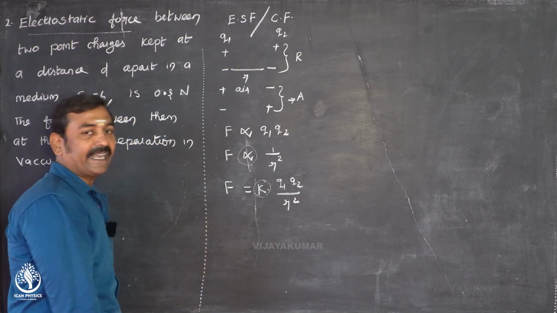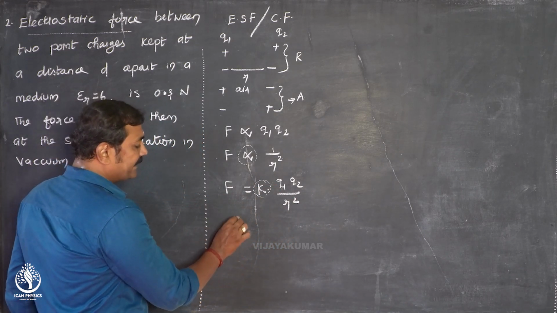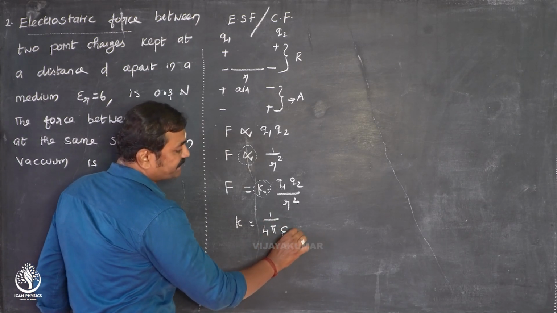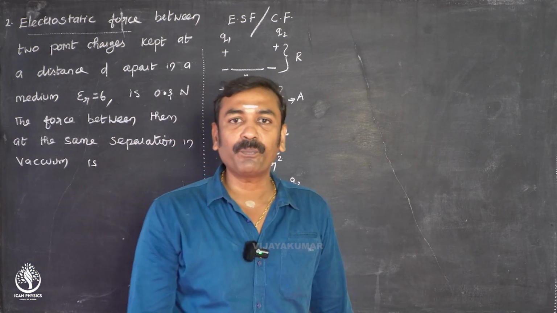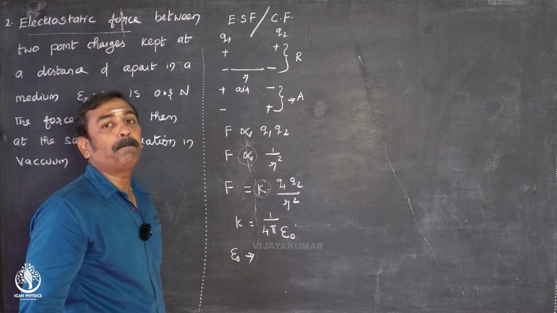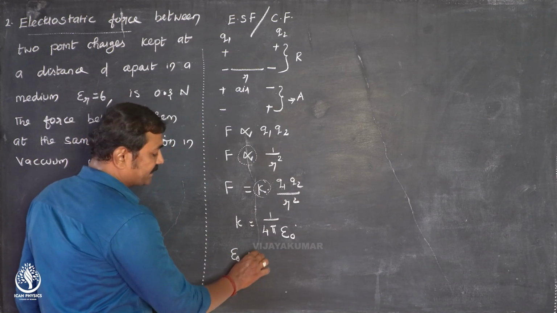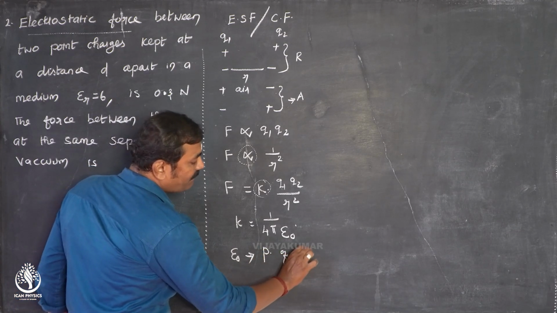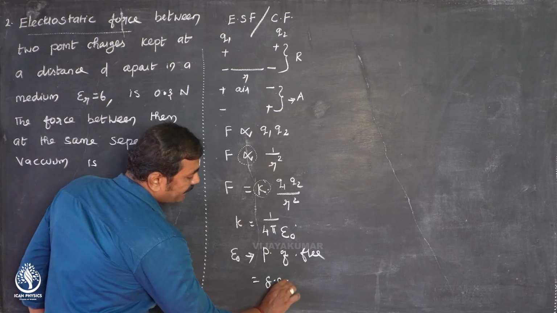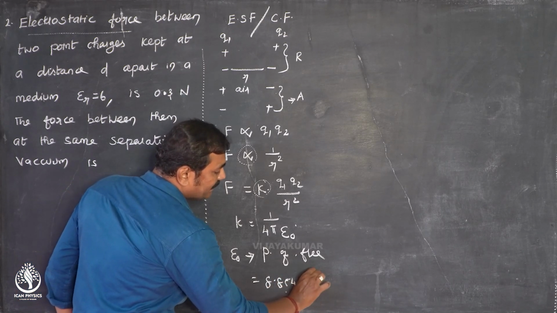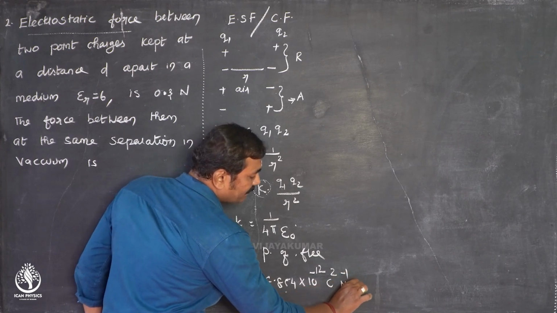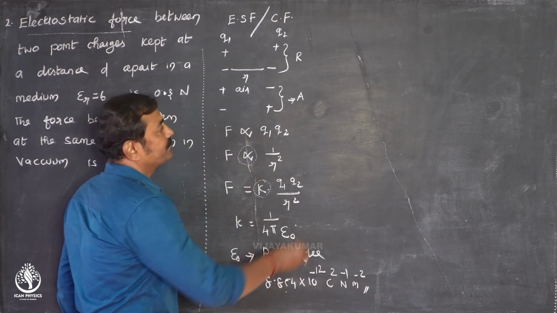So what is K? K is the force constant. That is K equal to 1 by 4 pi epsilon 0. So what is epsilon 0? That is the permittivity of free space. Its value is 8.854 into 10 to the power minus 12 Coulomb squared per Newton per meter squared.